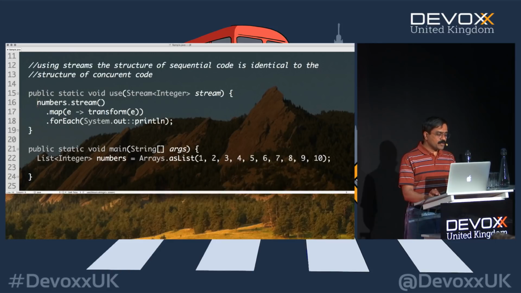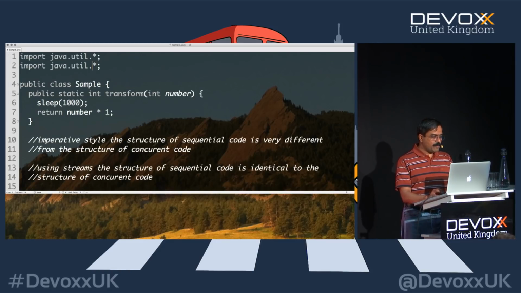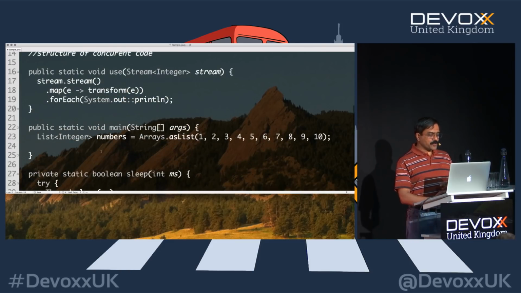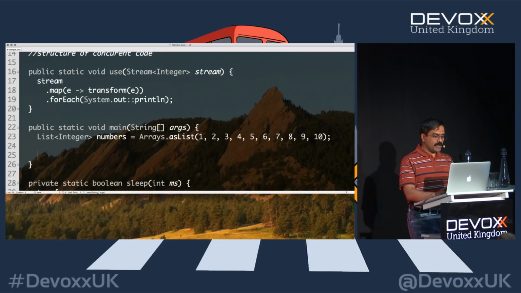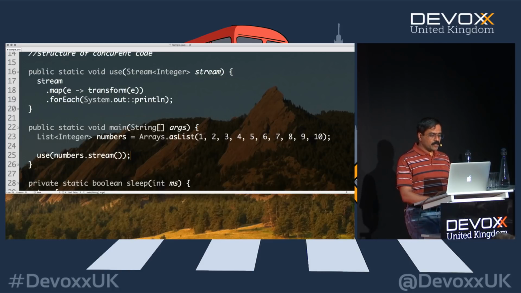So let's bring in the stream API right here. And in this case, the use method takes the stream, and on the stream, it is going to perform the map operation and the forEach. Now in this example, I'm going to call use and then pass numbers.stream, and I'm going to pass that over to that particular piece of code.